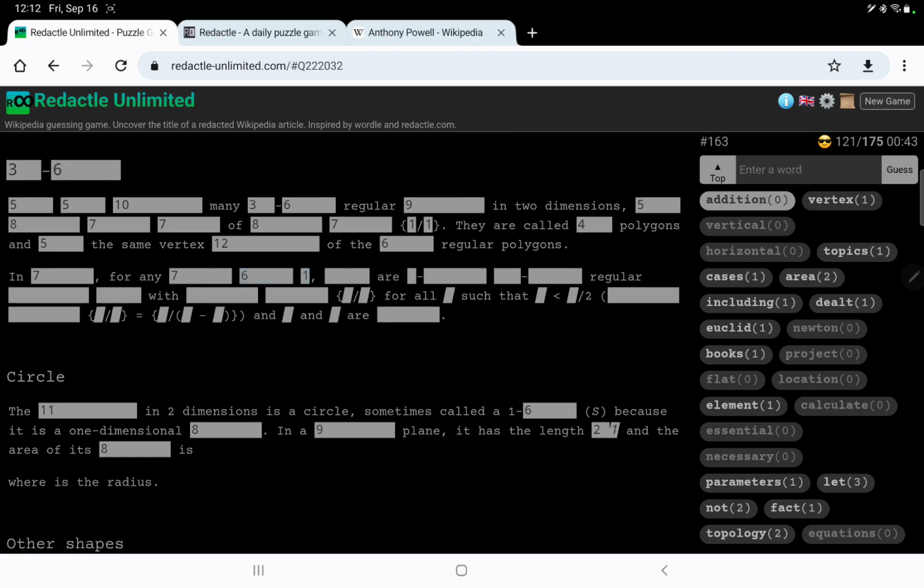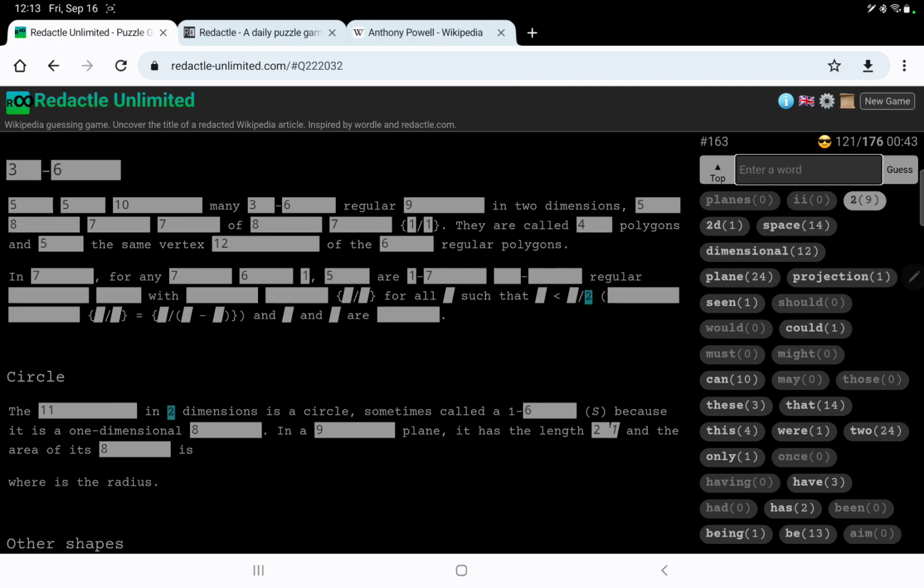For any 7, 6, and then a 1, is that another variable? 5 are something, so it's not 1 or 2, or have we done we've done 3. Yeah, no, we haven't. Let's make sure I did 2.